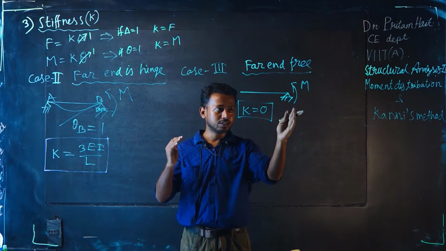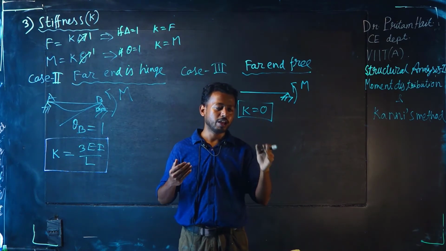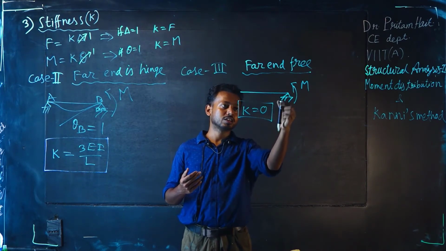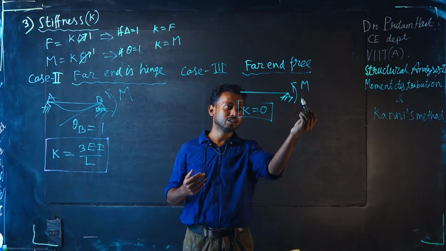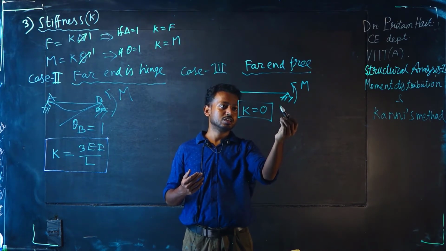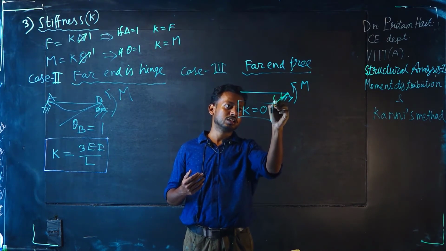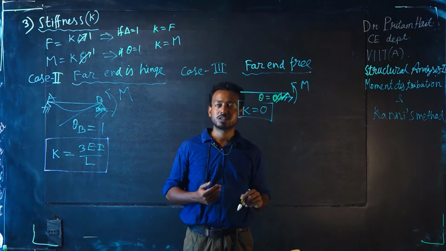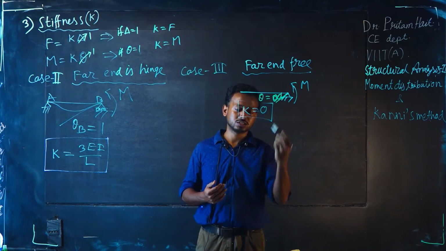Before applying moment, after applying moment, at any time, this member will fall down. So no need to apply any moment. The rotation is infinite. So as the rotation is infinite, stiffness is 0.